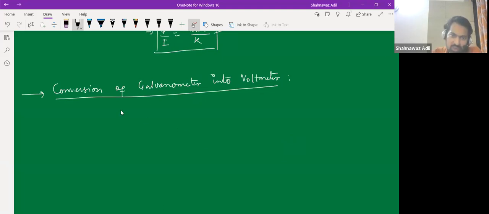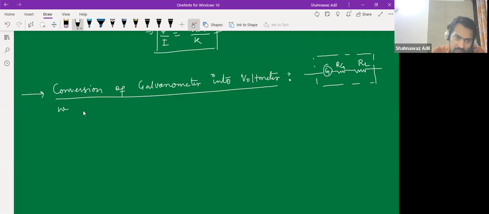So what do we do? This is our galvanometer and it has some resistance. So we connect a very large resistance RL to correctly measure the voltage.